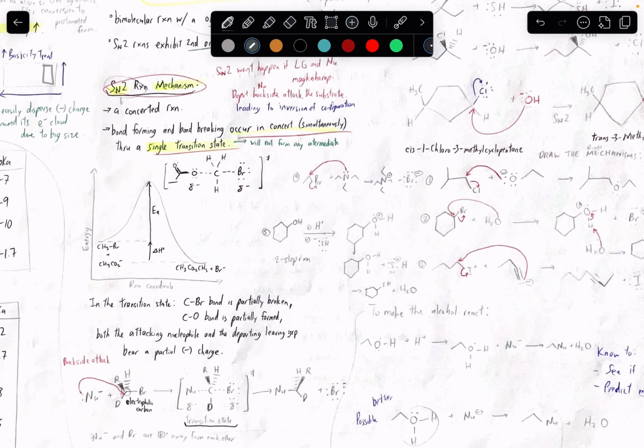So this energy of activation is the minimum amount of energy that is necessary to initiate a chemical reaction. If you don't reach this specific amount, you won't reach the transition state, no chemical reaction will occur.